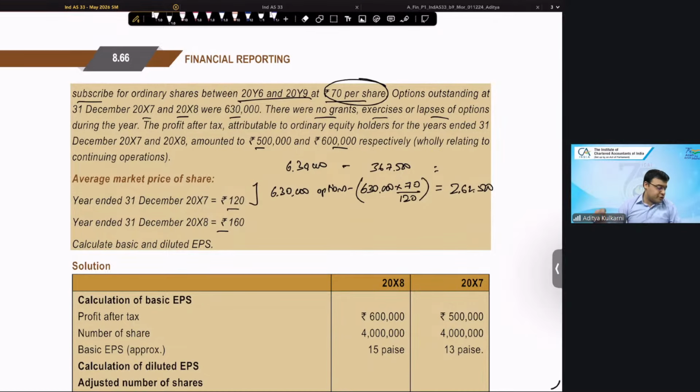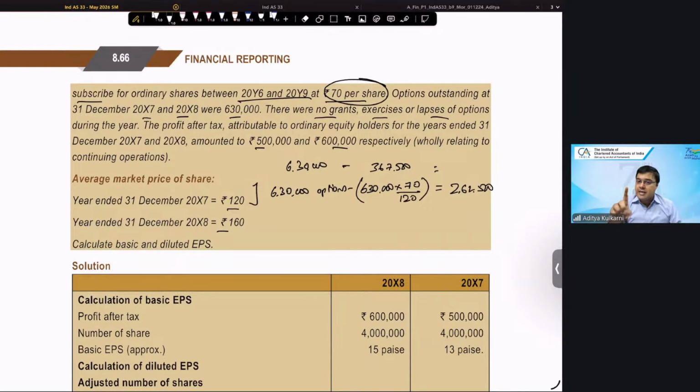But coming to options, if these options are there against which I am going to get consideration in the future, and suppose the options hypothetically would be subscribed at the fair value at the time of exercise, whatever is the fair market value at the time of exercise, the holder of the option will subscribe to that.